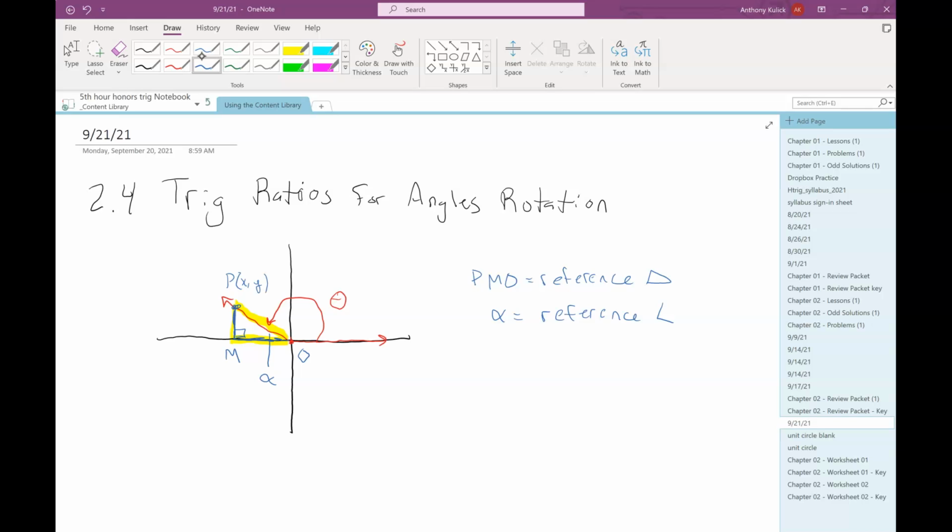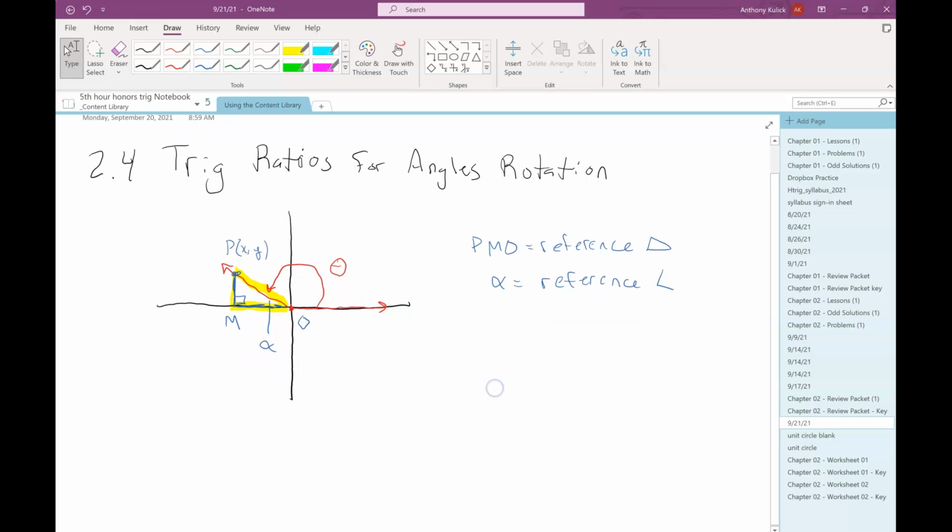And there's an important relationship that exists between the angle theta and this reference angle alpha, in that sine, cosine, tangent, etc., instead of writing each one of those separately, I'm just going to write trig to represent kind of any of them.